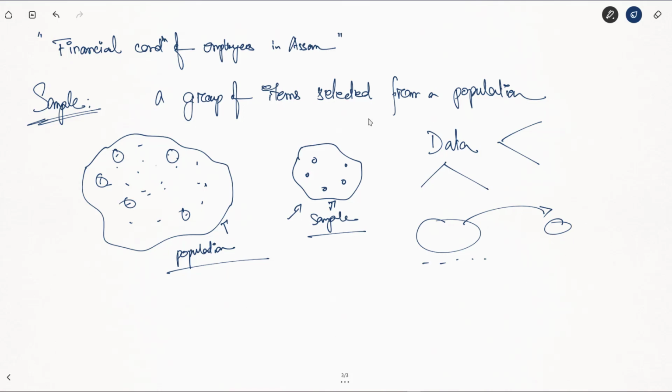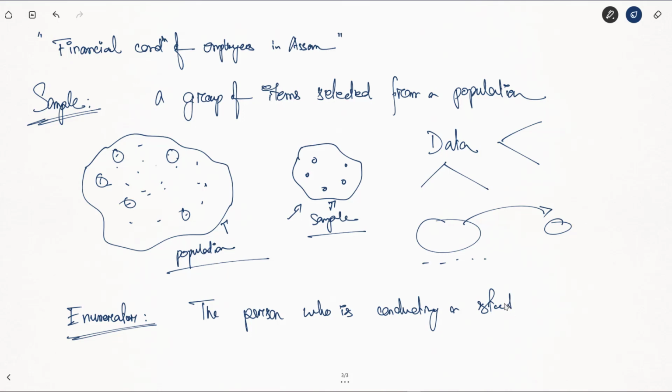There are a few other terms, such as enumerator. Enumerator is the person who is conducting a study, also called an investigator.